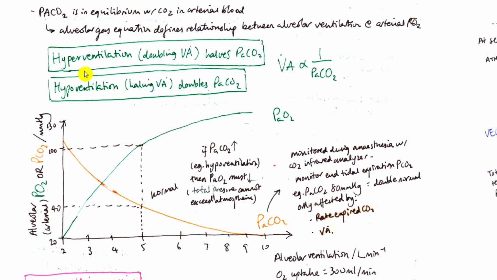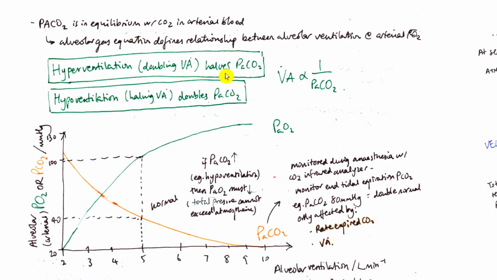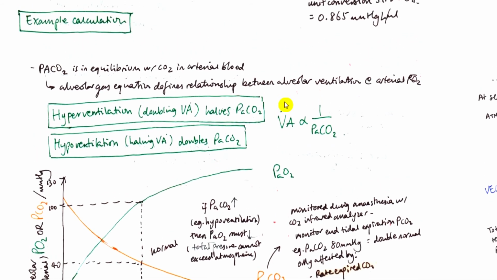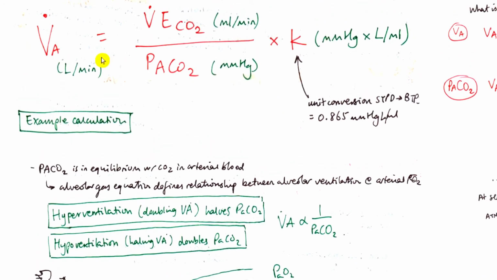Now we can see that hyperventilation, so doubling the alveolar ventilation, breathing twice as fast, halves your PACO2, the partial pressure of carbon dioxide in your alveoli, because this equation says that this is inversely proportional to your VA.